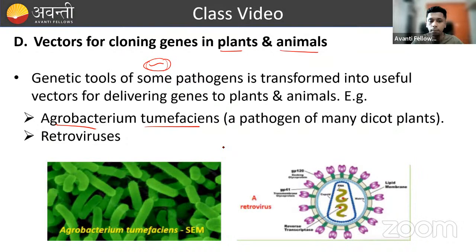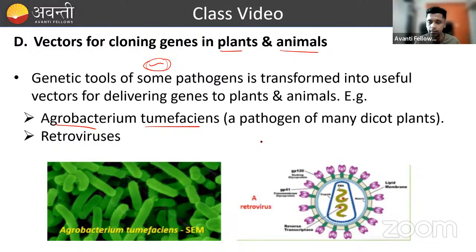Whenever a particular plant is infected by Agrobacterium tumefaciens, you can see that some of the root nodules or stem become tumorous, or they will have tumors in their roots, or there is a huge growth of these root nodes.